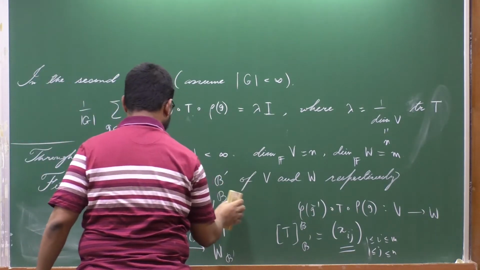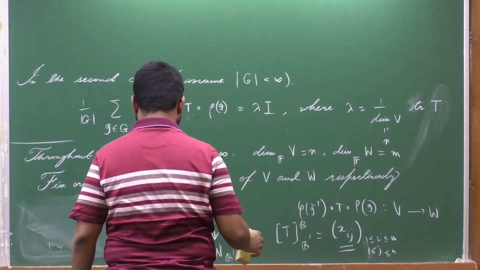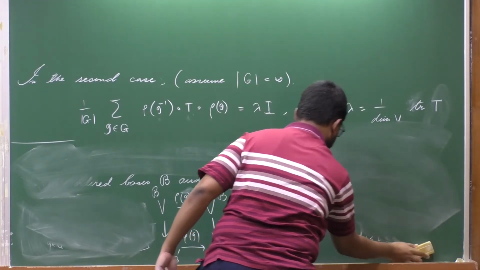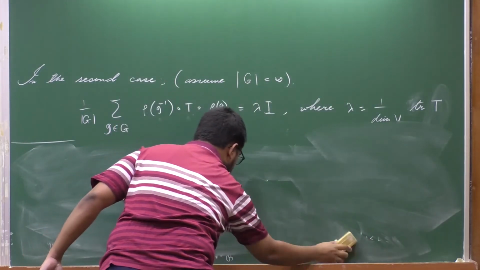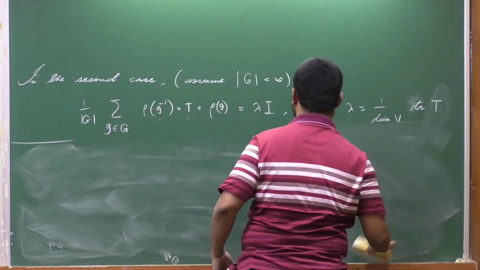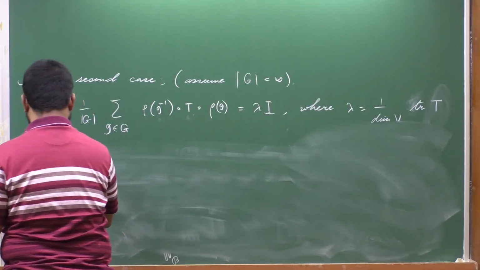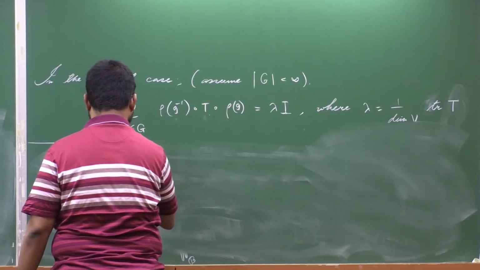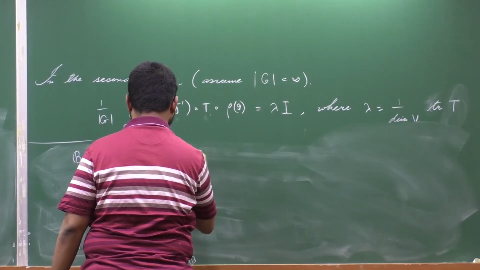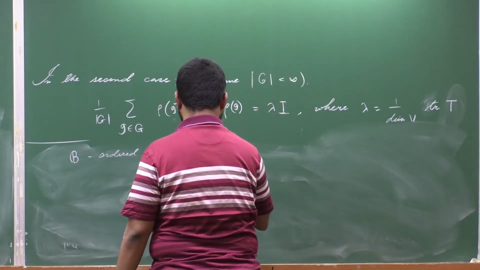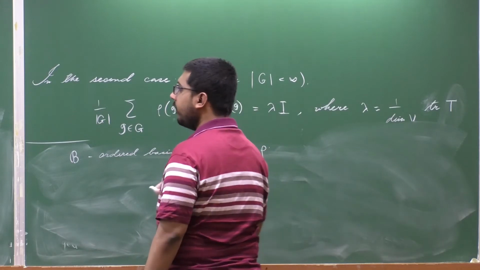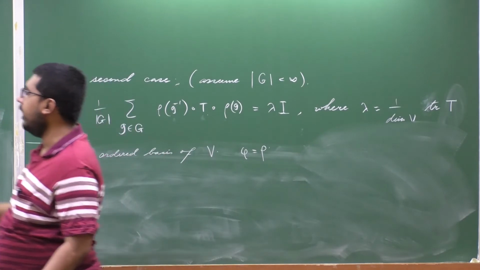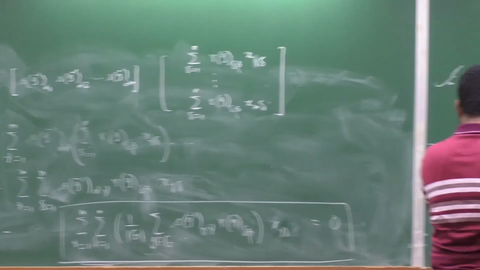We will have only beta prime. Let me erase that completely. So here we will have only one ordered basis of V, phi equal to rho, and as expected the RGs and SGs will be the same.